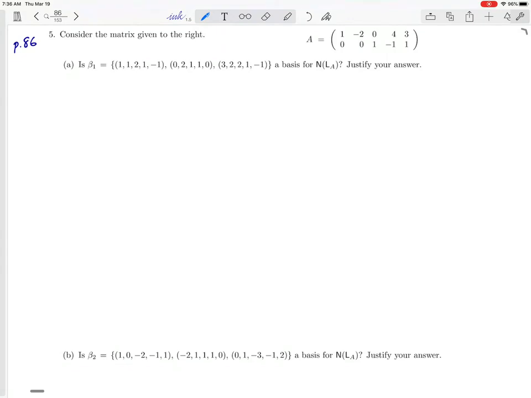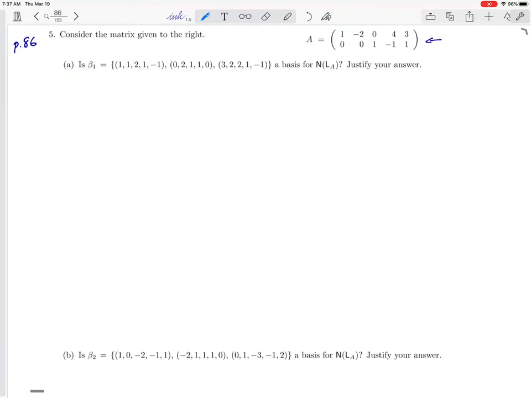Let's read this together. So they're giving us a matrix A sitting over here, and part A of this gives us a set beta 1 of 3 vectors and asks us, is that a basis for the null space of L of A?